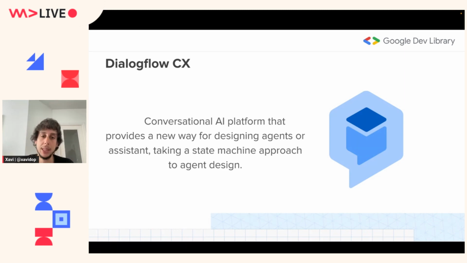In the past, without this state machine approach, that's something you had to develop on your own, or using some hacky solutions and creating a bunch of code, which now with Dialogflow CX, we will see. I'm gonna give you a demo, but we'll see that it's super easy to create assistants and transition from one place to another.